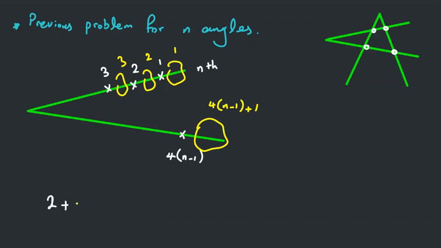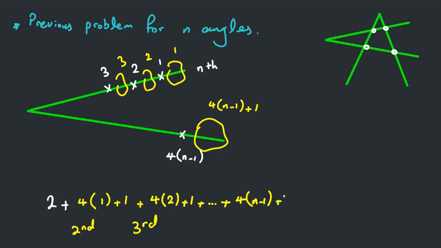So for the second angle, it will be 4 times 1 plus 1. For the third angle, it will be 4 times 2 plus 1. And for the nth angle, it will be 4 times n minus 1 plus 1.